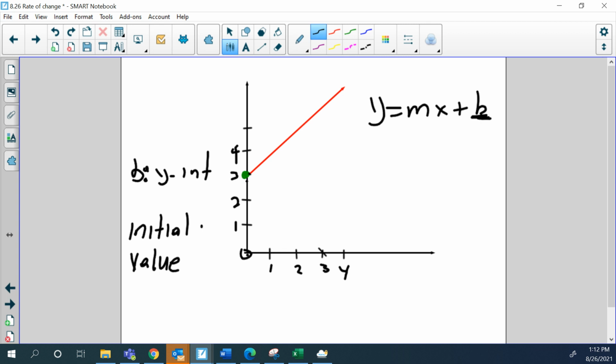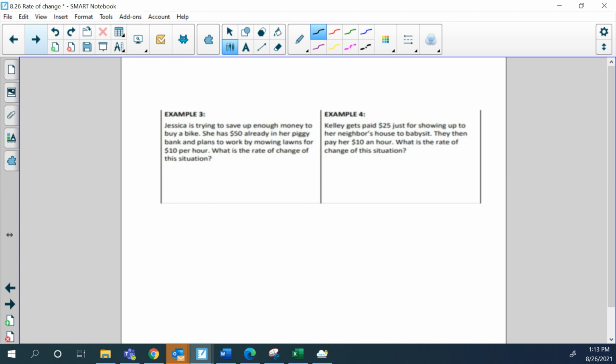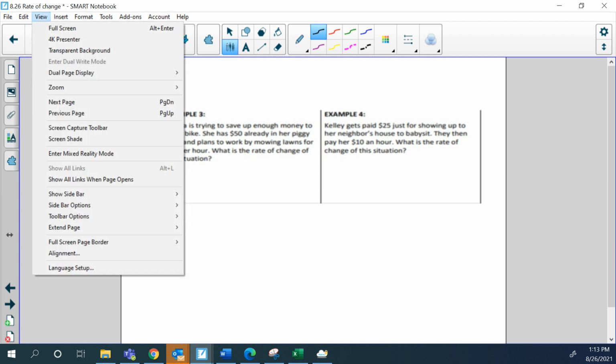So that's why the y-intercept is called the initial value, because at 0, that's where the graph starts. And you're going to see how that plays into the word problems. So remember, another term for y-intercept is the initial value.